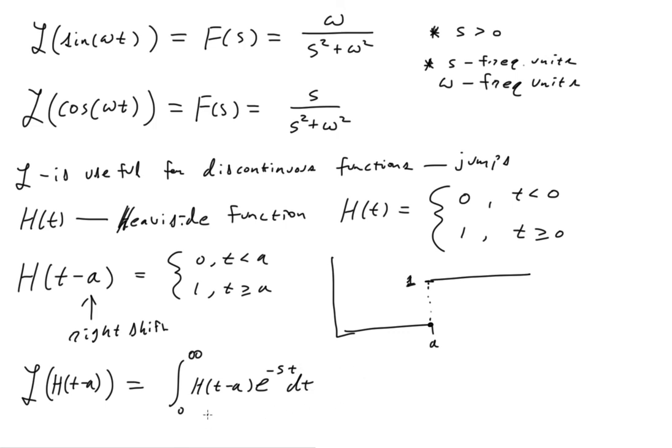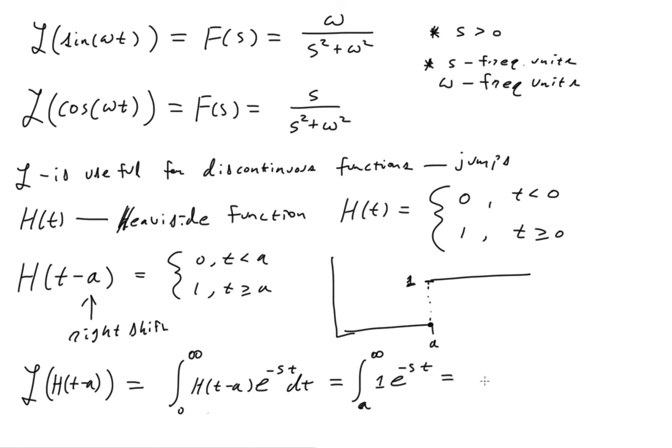So I'm going to substitute u equal to t minus a. Okay, and that's because this is actually equal to the integral from a to infinity of 1 times e to the negative st. All right, so actually maybe I won't even do the u substitution. I can just go with this, because every t value prior to a, the function is simply 0 anyway.